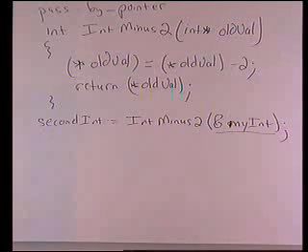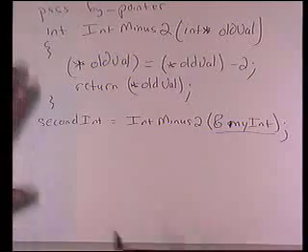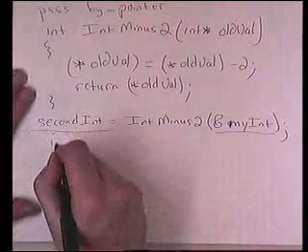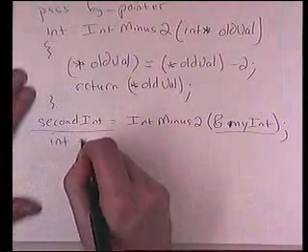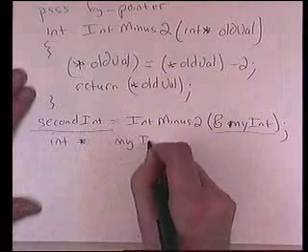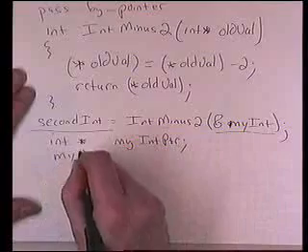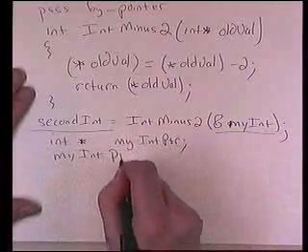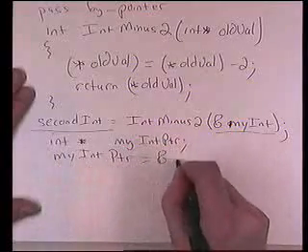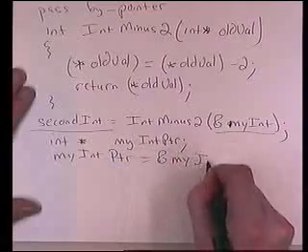So that's essentially the same as sending in the value 31. If we wanted to send in a variable that held the address, we first need such a variable. So instead of doing things that way, we could have just as well said int pointer, and then said my int pointer equals address of my int.